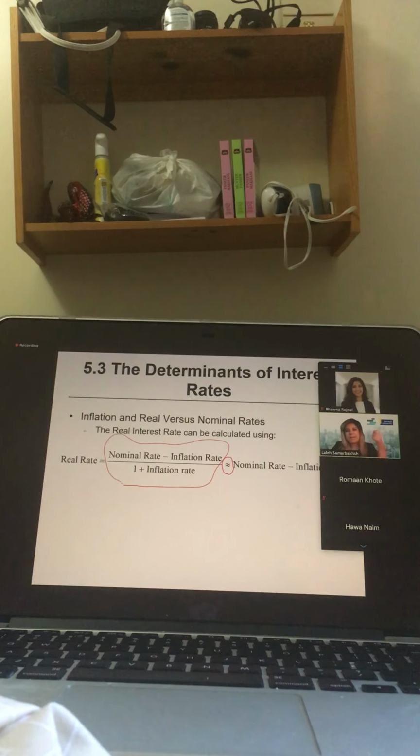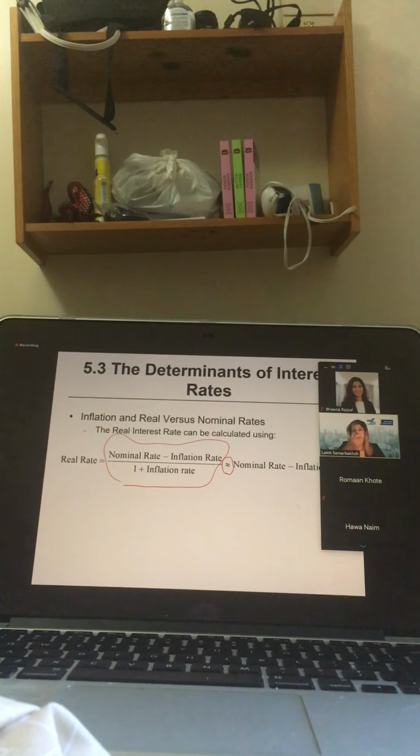So that's why the answer that we had was 15.5%, which is slightly different from 15%, which was 10 plus 5. So when you're talking to investors, investment bankers, and they tell you this investment gives you this much in return, what you can do is take that value minus the inflation.